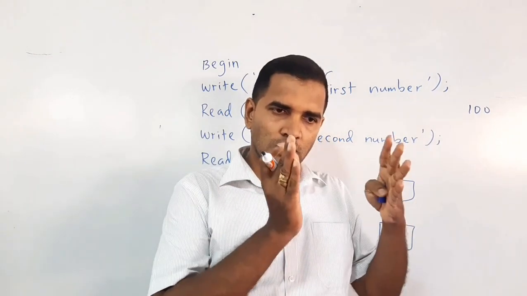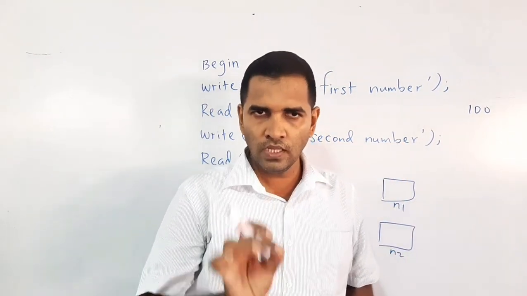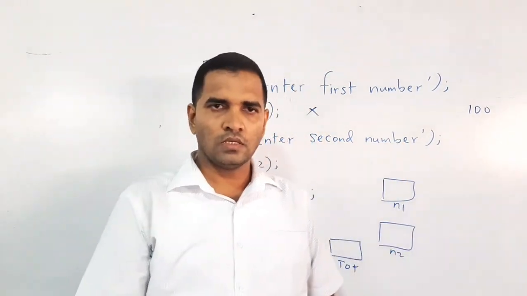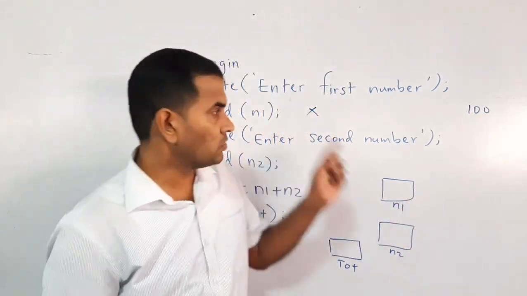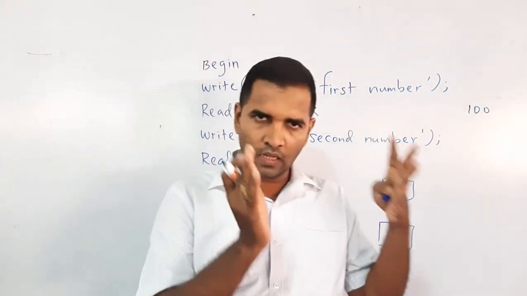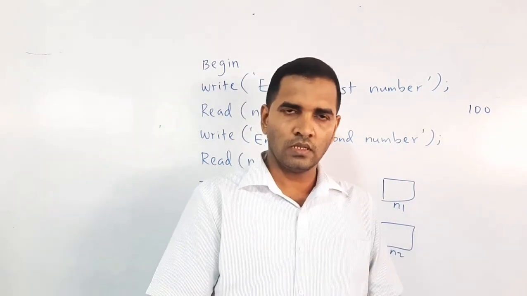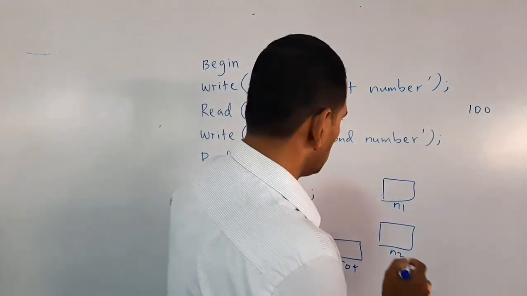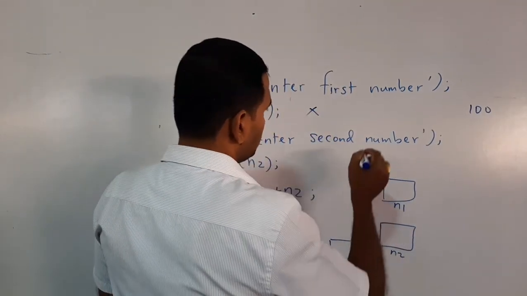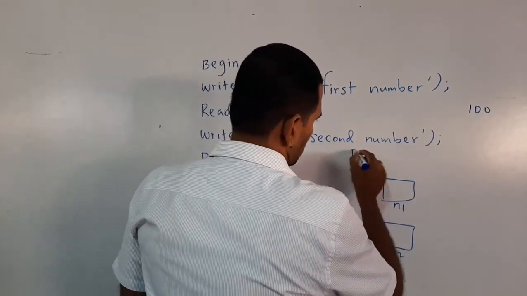N1 is a specific place, a place allocated in your main memory. I repeat that, this N1 or this variable is an allocated location in your main memory, which means random access memory. Assume this is random access memory.